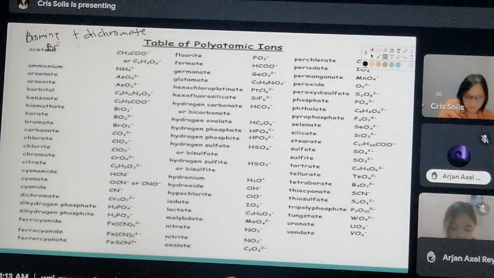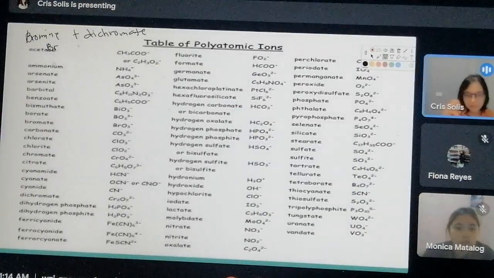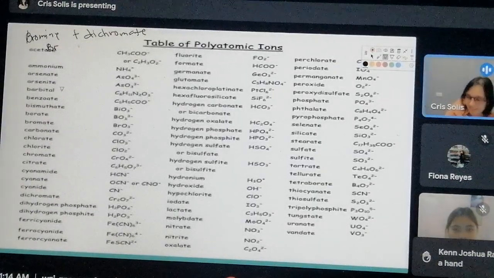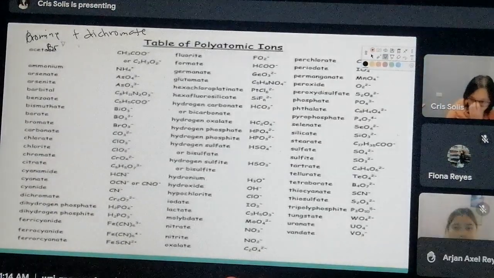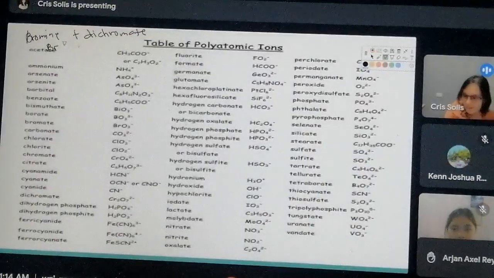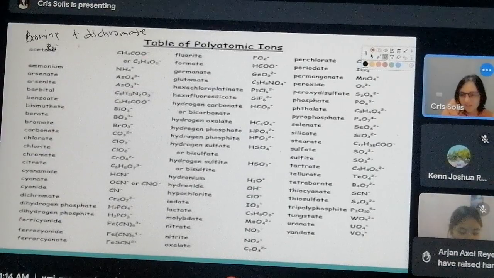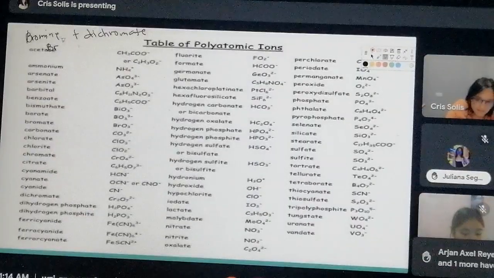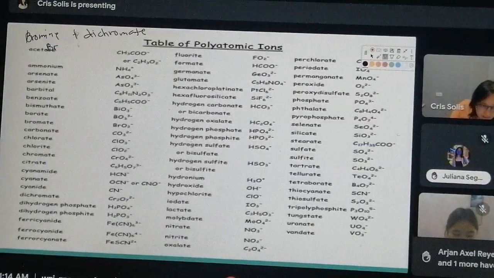Positive 1 po. Tama na positive 1 po. Ay, Joshua. Negative 1 po. Tama na nga yung positive kay Jaylee eh. Anong charge? Arabella. Positive negative 1 po.